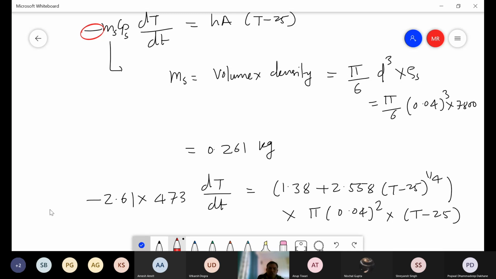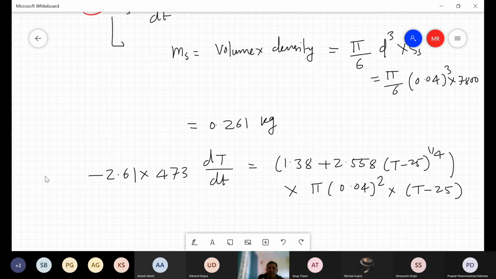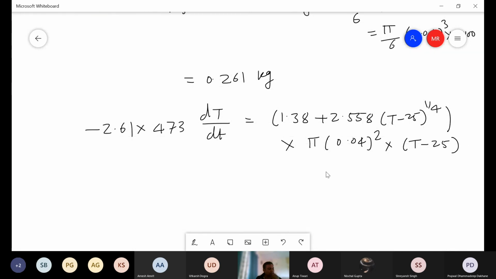So now we can solve this integral. If you rearrange everything, what you are expected to get is this. The dT will be on this side, and the (T minus 25) raised to the power 1/4 term, this entire term will be coming on the left hand side.